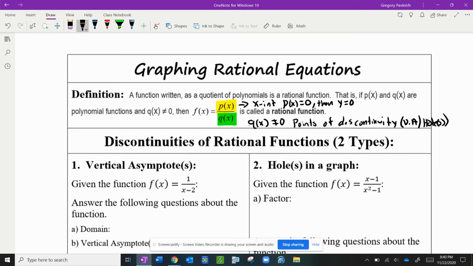So wherever the x value of P of x causes that numerator to be 0, then we have an x-intercept. So when the top of the numerator is 0, then the whole function is 0. But when the denominator function q of x is 0, we have a point of discontinuity.